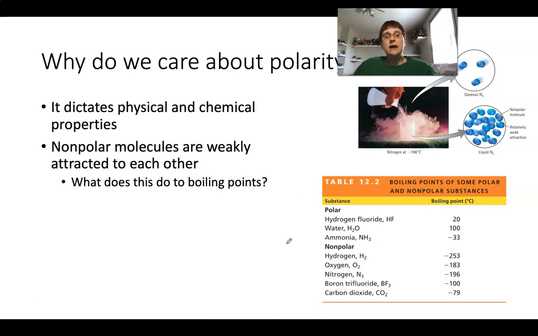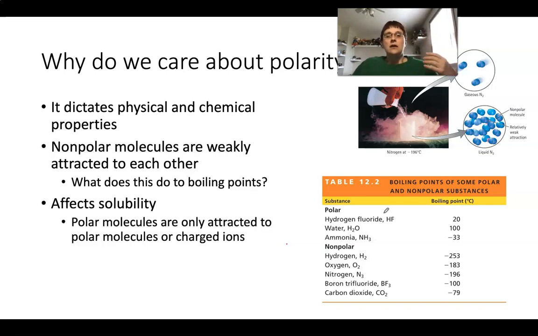This also affects things like the solubility of materials. So what do I mean by this? Well, polar molecules are only attracted to other polar molecules or charged ions. So think about what can dissolve in water.